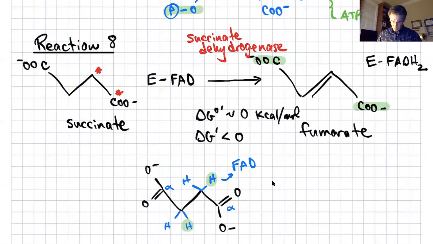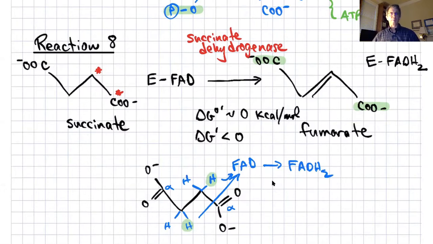You can actually pull both of these protons and their associated electrons into the FAD to make FADH2, in a way that you couldn't if you didn't have those carbonyl groups nearby, right? So those carbonyl groups make those protons and their electrons significantly more abstractable than they would be if that was just a normal methylene carbon.